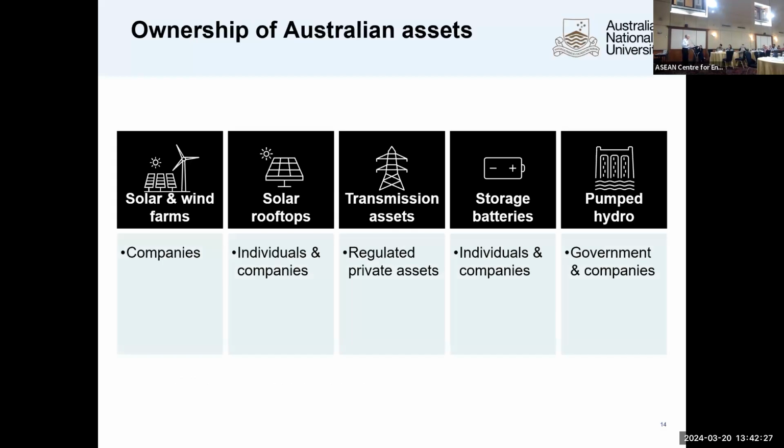So the ownership of assets in the renewable energy ecosystem in Australia is shown on this slide. So all of the solar and wind farms are private, all of them. There's no government money in solar and wind farms. There's no government money at all in rooftop solar.